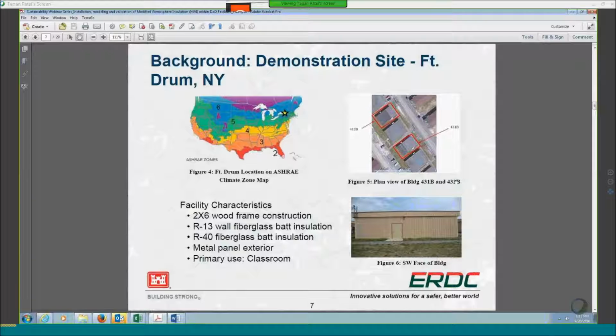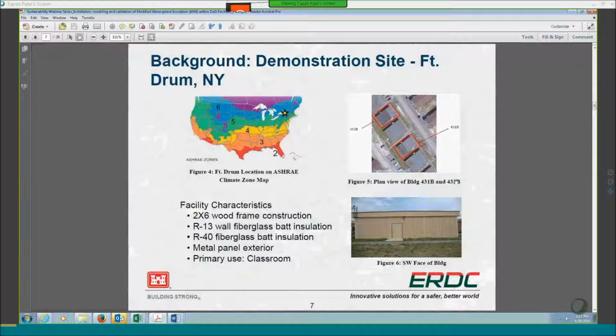So our case study here for this demonstration effort was Fort Drum. The reason we picked it, it's a primarily heating-driven climate, which means we really expect to see a lot of the value come out of these panels. Number two, prior to this effort, we had not really considered, and even in this effort, we have not considered the impact of moisture migration.